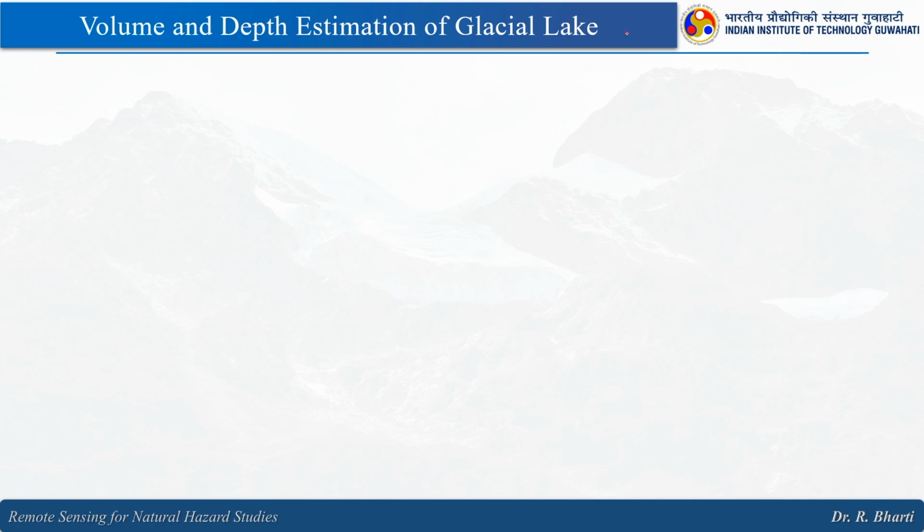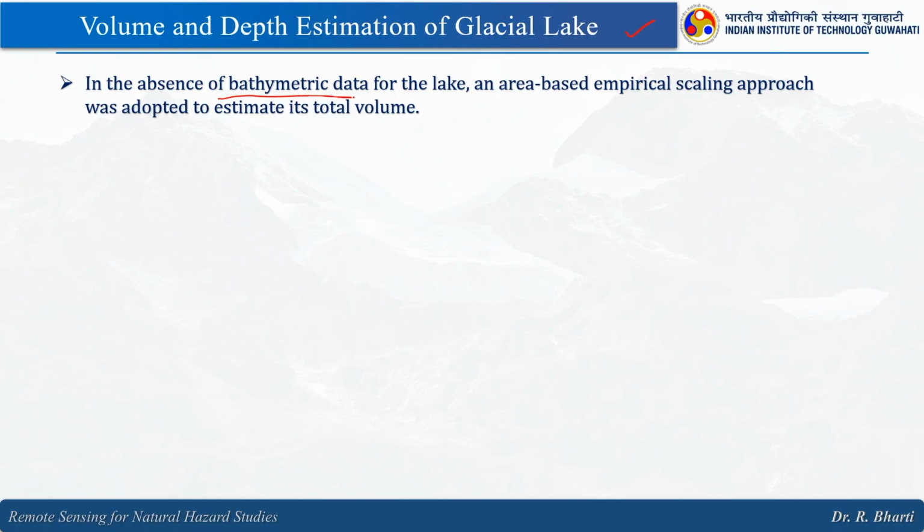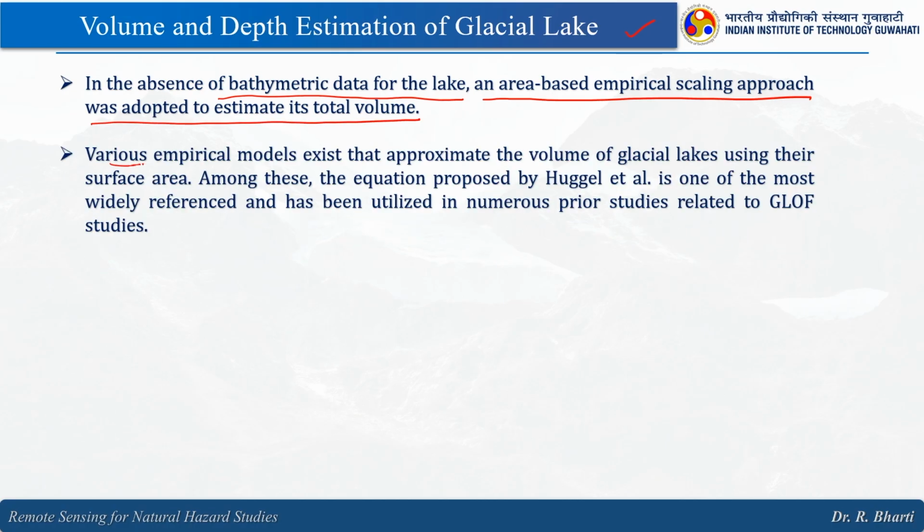The volume and depth estimation of a glacial lake is very important, right? In the absence of bathymetry data for a lake, an area-based empirical scaling approach was adopted to estimate its volume. Various empirical models exist that approximate the volume of the glacial lake using its surface area.